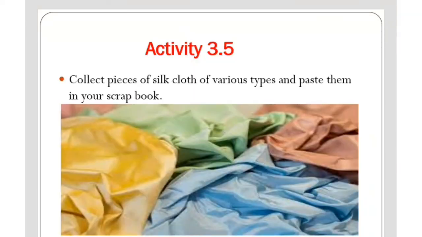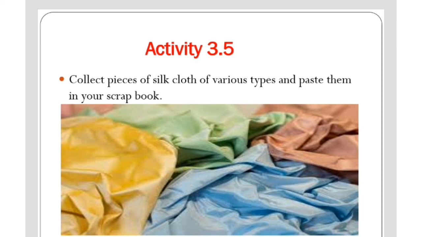Activity 3.5. Collect pieces of silk cloth of various types and paste them in your scrapbook. For example, you can find them in a tailor's shop among the heap of waste cut pieces, and identify the characteristic of their softness.